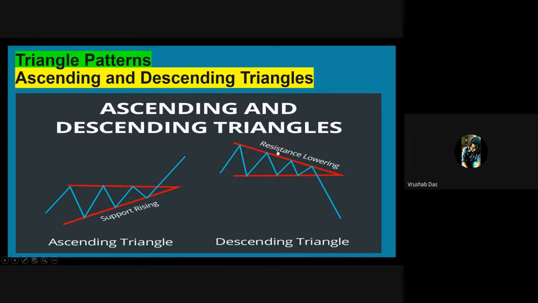If the price highs are getting lower, if the resistance is getting lowered, this is the indication of a descending triangle, and the lows of the triangle should be at the same level. Descending triangles will show you the price getting lower and lower.